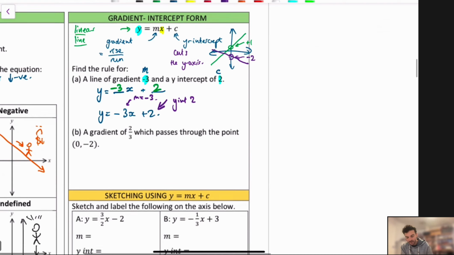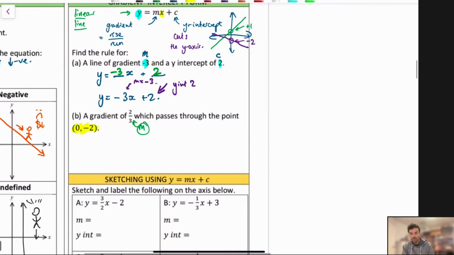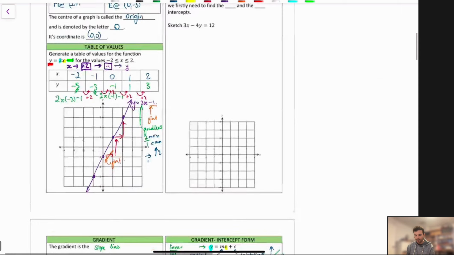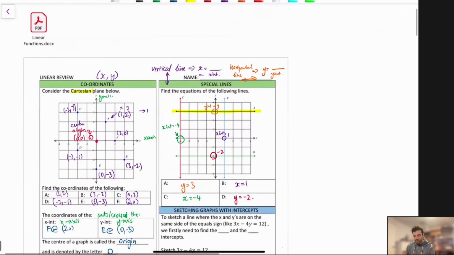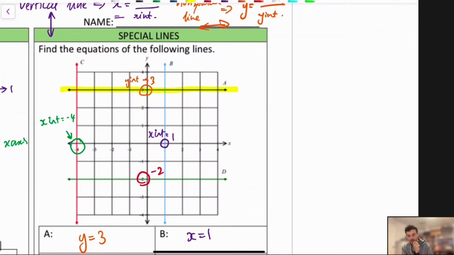We've got one more here, a gradient of 2/3. So therefore this is our m, which passes through the point 0, -2. Now this one may be a little bit tricky, but let's cast your mind back to this example over here. We know that a y-intercept is always, in this case, 0, 3. So x is 0. Let's look at another y-intercept.